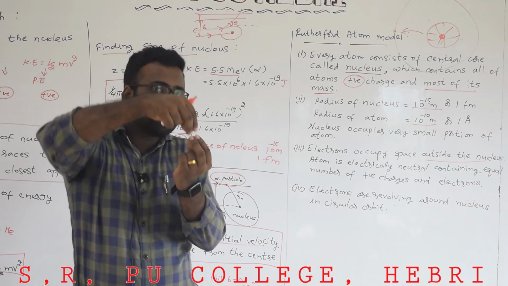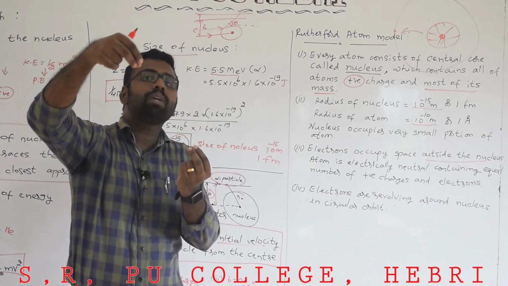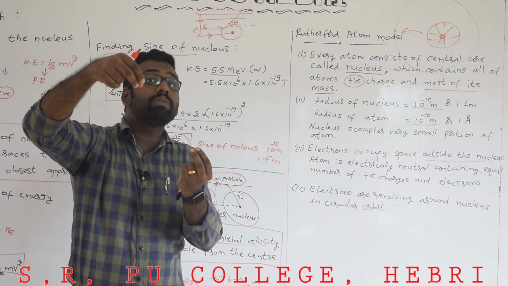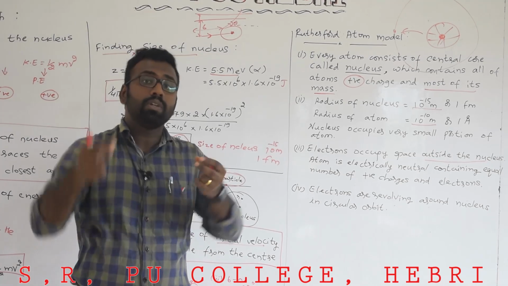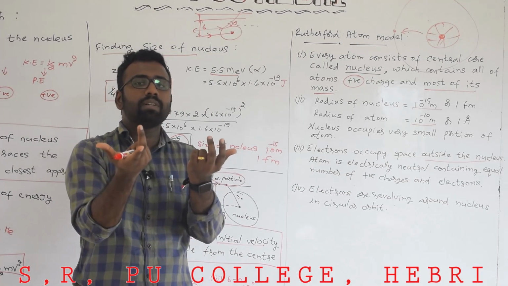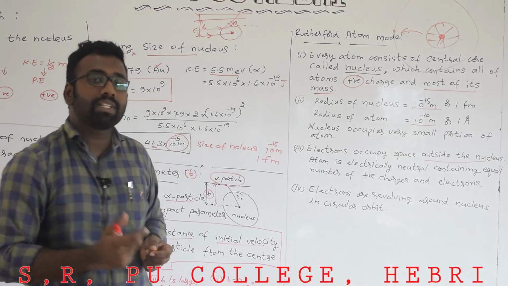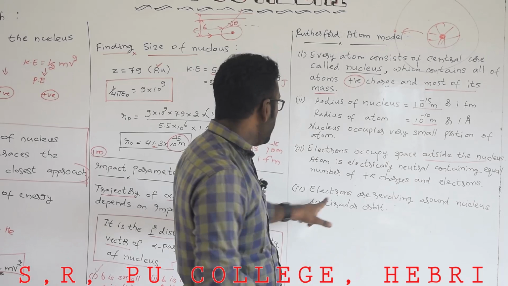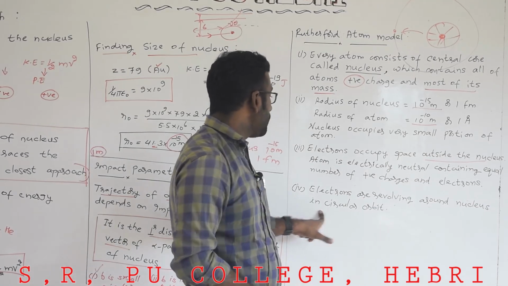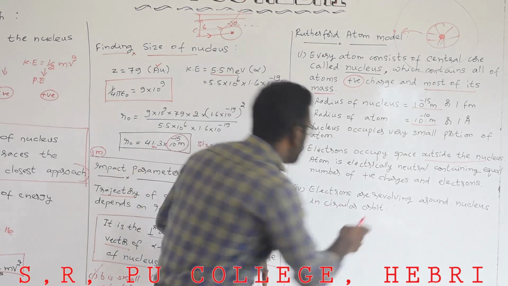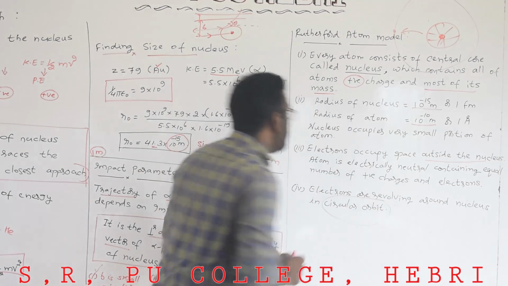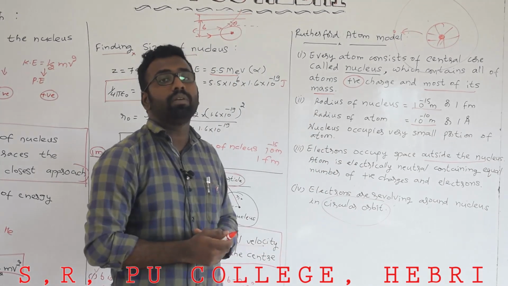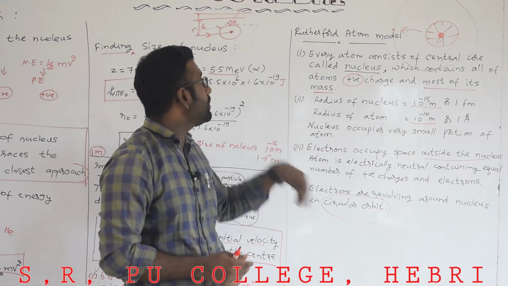Whatever positive charge is in the nucleus, an equal amount of negative charge will be on the electrons, so they cancel each other. So the atom is electrically neutral. Next point, electrons are revolving around the nucleus in circular orbits. This is important. This is the idea Rutherford put forward.